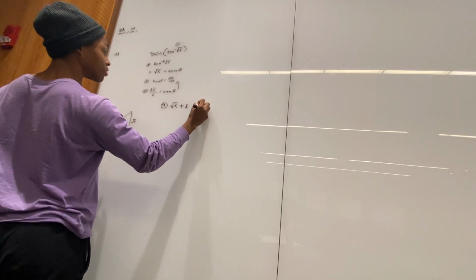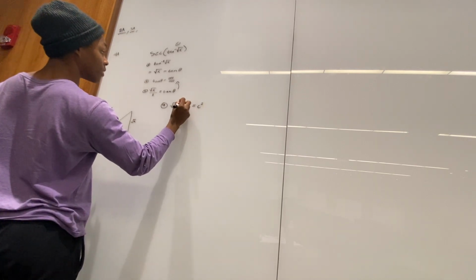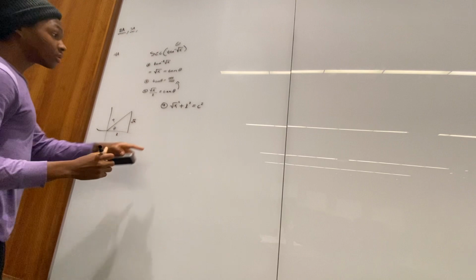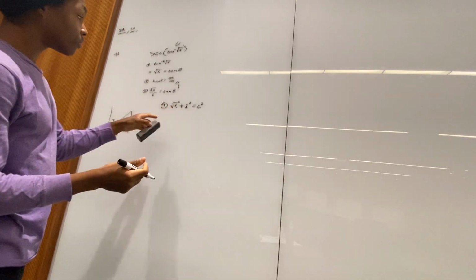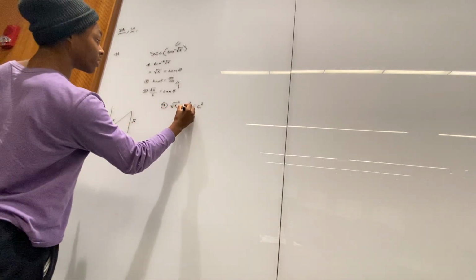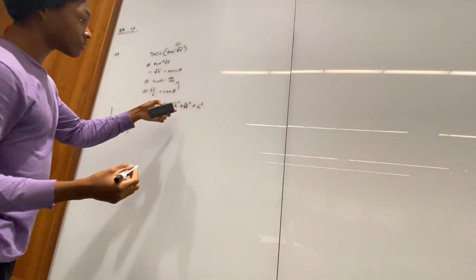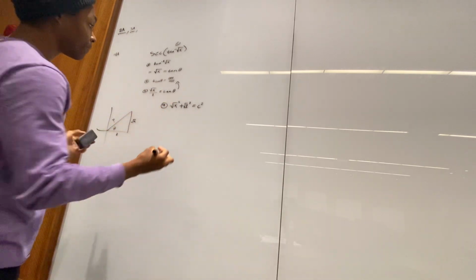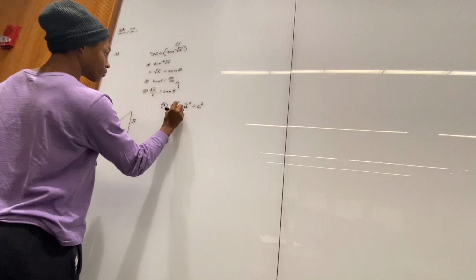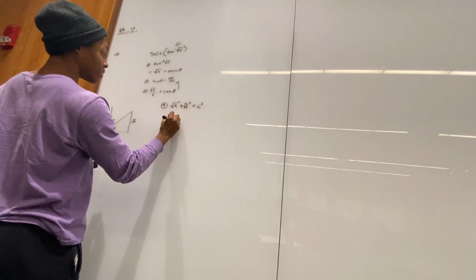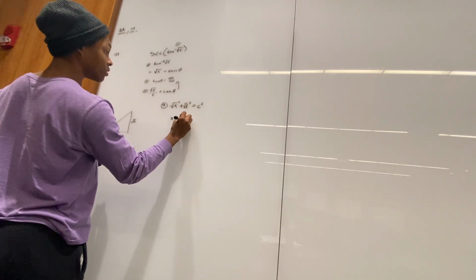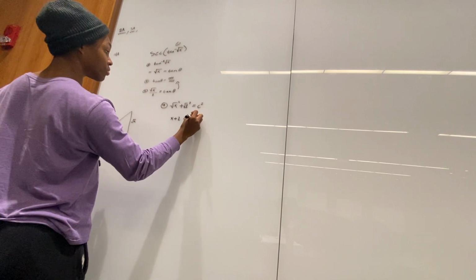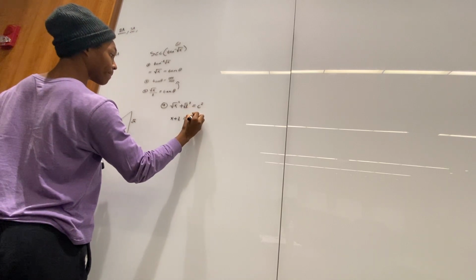equals c squared. And we're going to square all of these as well, right? You could also, just to make this a bit more even, add a root 1 right here, because root 1 is just going to equal 1. So all this is going to cancel out anyway. So x plus 1 equals c squared, right?